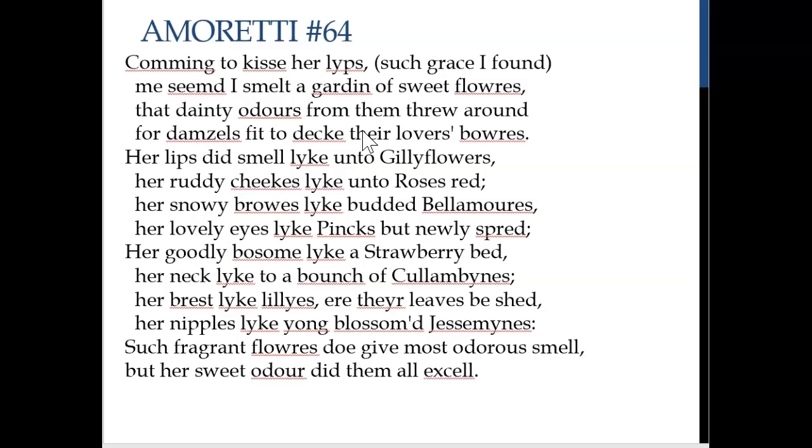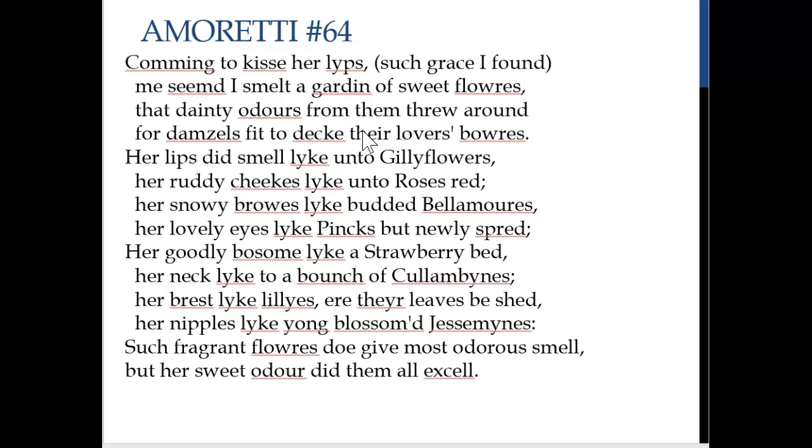He writes, "Coming to kiss her lips, such grace I found, meseemed I smelt a garden of sweet flowers." He's praising her, the sweetness of her breath at that point. You can imagine dental hygiene in the 16th century being what it is. Sweet breath is something worth noting.